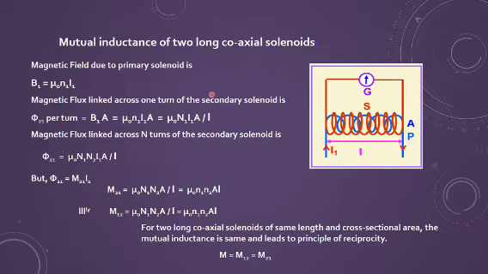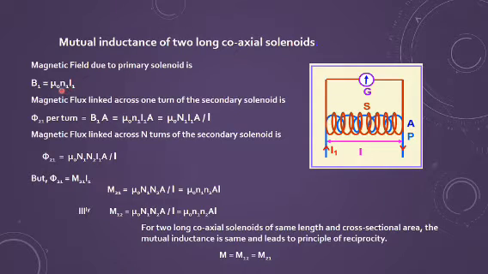Now the magnetic field due to the primary solenoid, as we have done with the formula for the magnetic field when the current passes through the solenoid, is B equals mu n I.